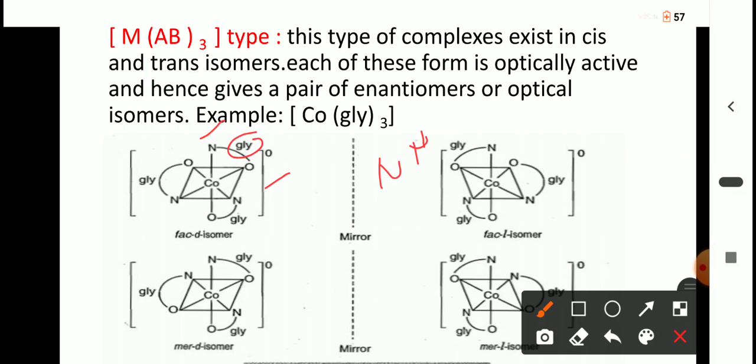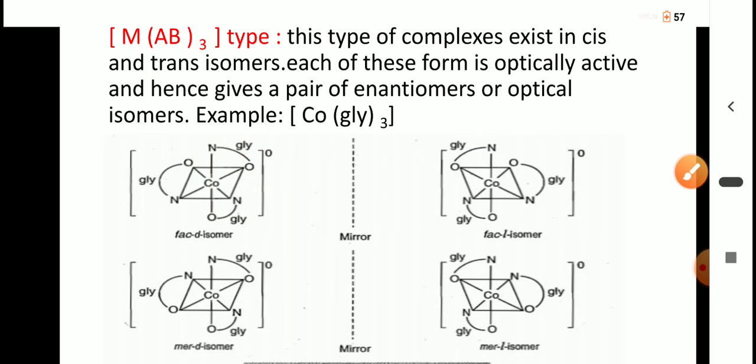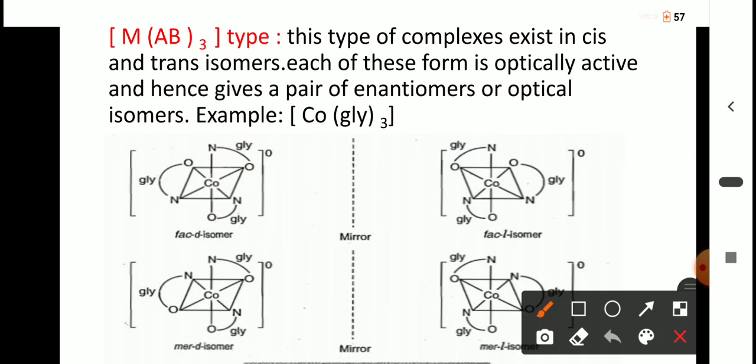But here the donor atoms, one is nitrogen, another is oxygen. Such kinds of ligands are called unsymmetrical bidentate ligands. These bidentate ligands form a ring-like structure, or they form chelating complexes. Such isomers are always optically active, and hence they give a pair of enantiomers or optical isomers.